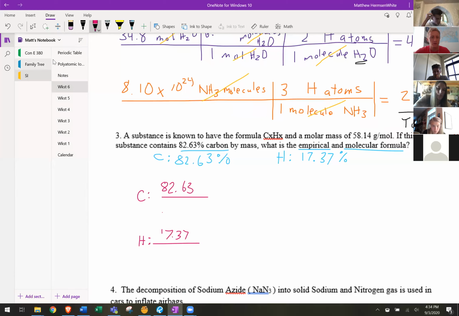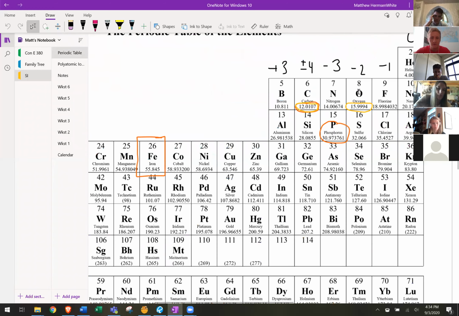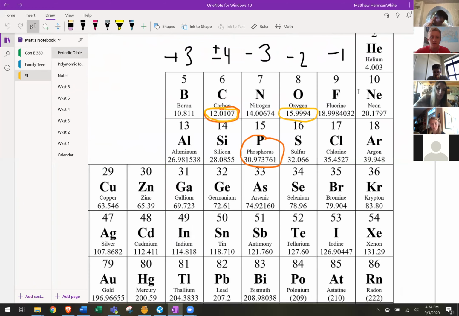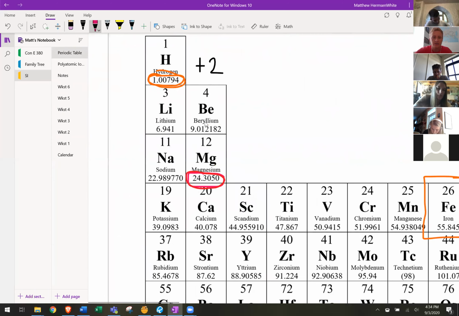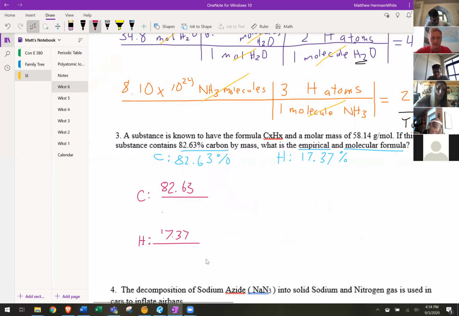So where do we find the molar masses? On the periodic table, it's the number under the element. So carbon is 12.01 and hydrogen is 1.01. So we're going to divide these by their molar masses, 12.01 and 1.01. I did it by that big molar mass.